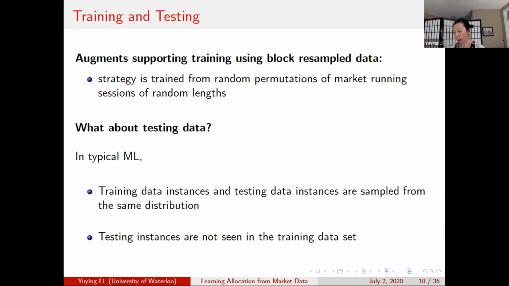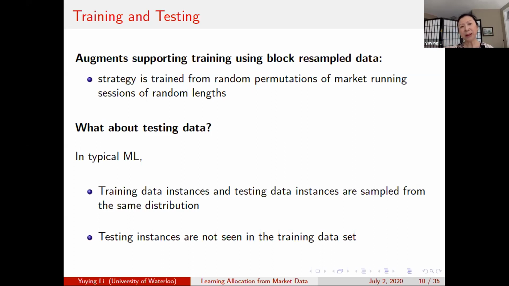So, okay, we're going to use block resampling to generate training data to learn our optimal strategy, right? There are some arguments supporting that learning the strategy using this technique is reasonable.